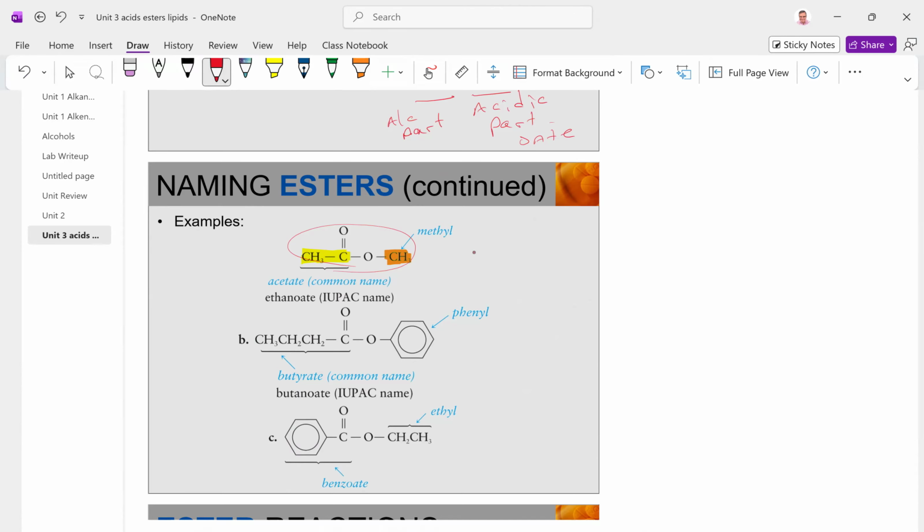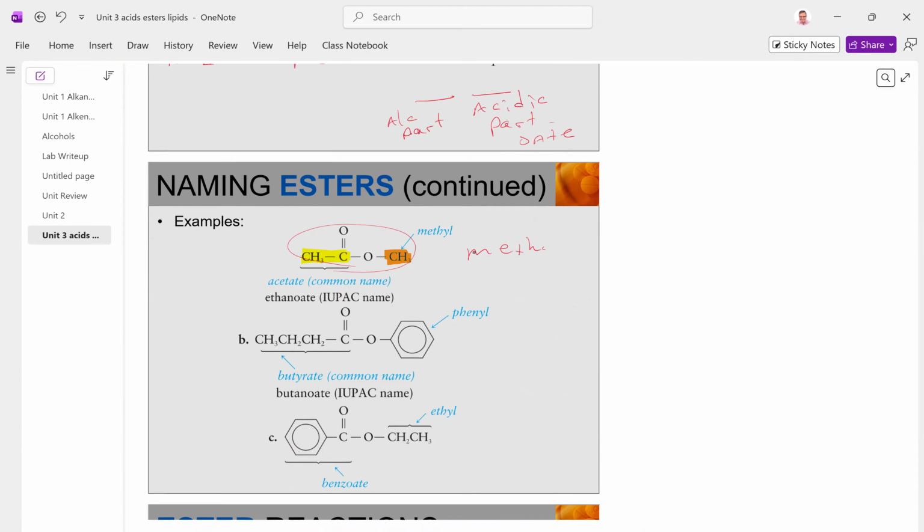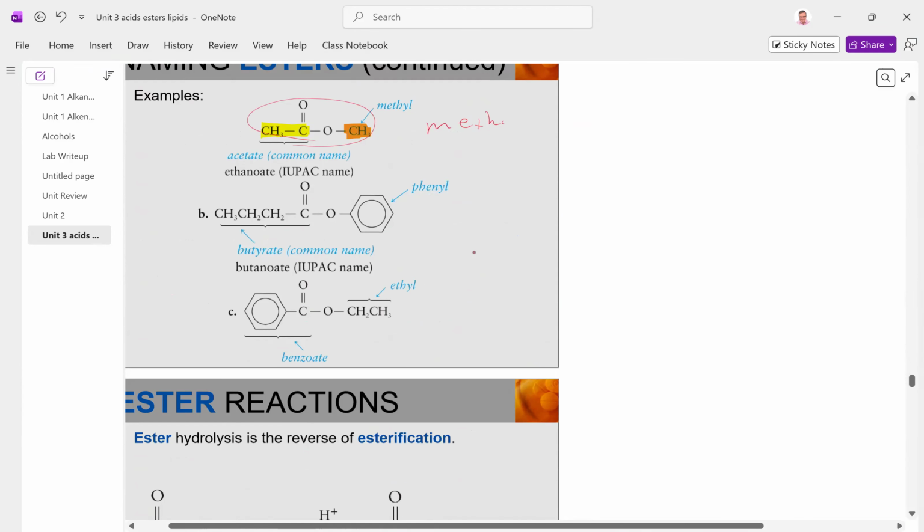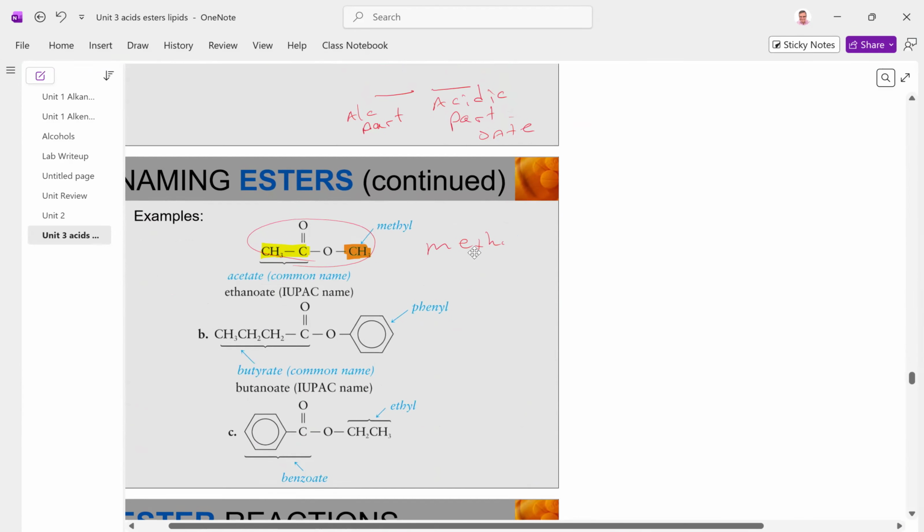Methyl, and this is a 2-carbon acid, so it's going to be ethanoate. So this means it's an ester.